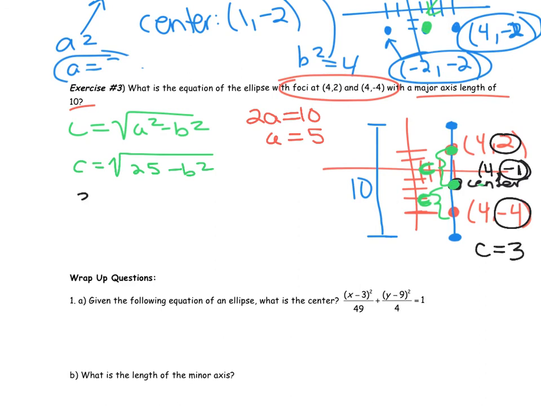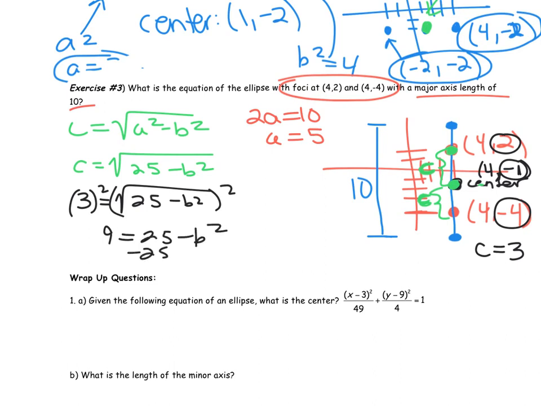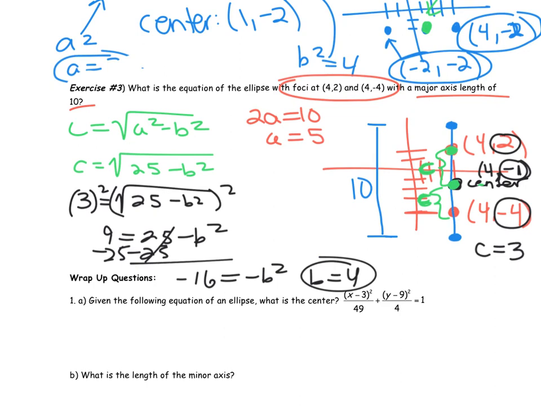So I'll have 3 is equal to the square root of 25 minus b squared. I'm going to square both sides, so I'll have 9 equals 25 minus b squared. Subtract 25 on both sides, and I'll have negative 16 equals negative b squared, where b is equal to 4. Okay, so we now know what c is, we know what b is, we have a.